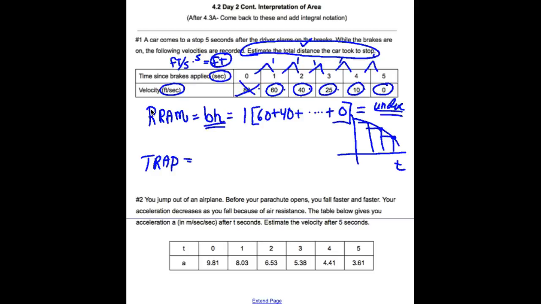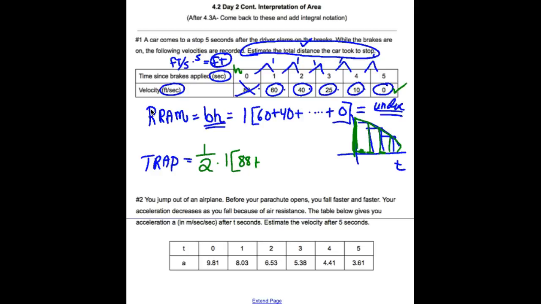If I'm estimating with trapezoids, what that means is I'm going to start here and I'm going to start making these trapezoids as I go along. And my formula is I take 1/2 of the height. Well, these now represent the heights of the trapezoids. So I do 1/2 of 1 times the sum of the bases. I would only use the 88 once because it's only going to be the leftmost of this one.